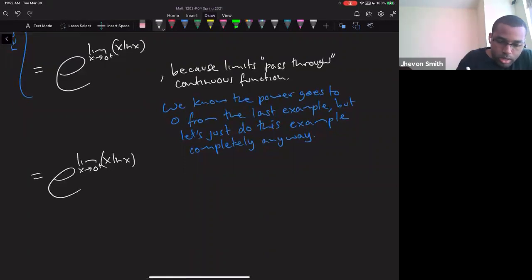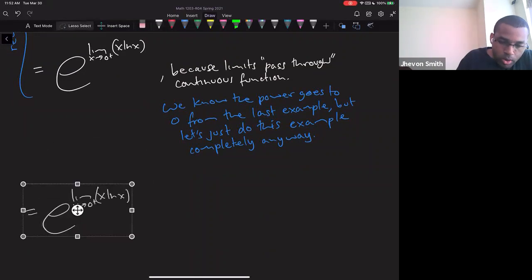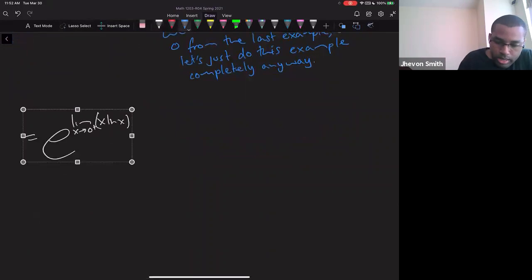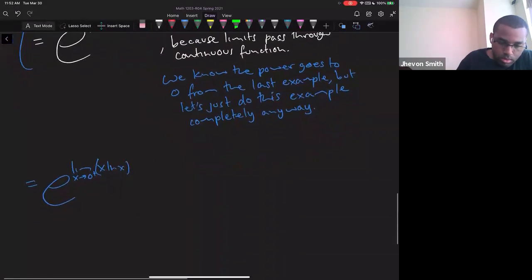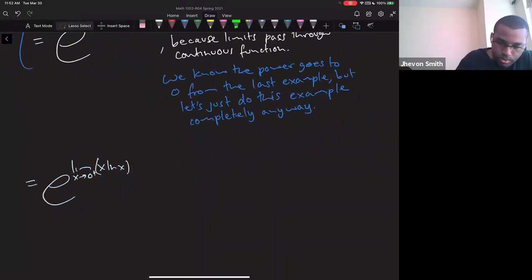What you're going to do is now notice that you can focus on the limit in the power. And so in the power, notice that this is approaching 0 times infinity, negative infinity, in fact. And so I realize that's an indeterminate form in the power.